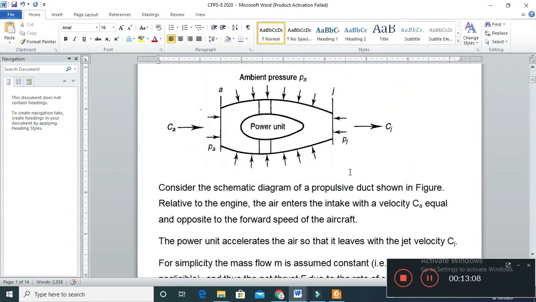So the value of Cj, the jet velocity, is greater than the inlet velocity Ca. Similarly, the pressure can differ. At the inlet, the pressure can be Pa, and the outlet pressure can be Pj, that is the jet pressure, and sometimes the nozzle expands the fluid such that the pressure at the exit is the same as the ambient pressure. But the difference of Cj and Ca is always there.